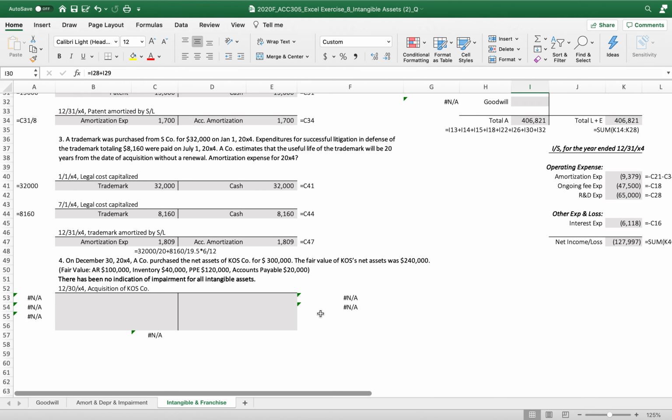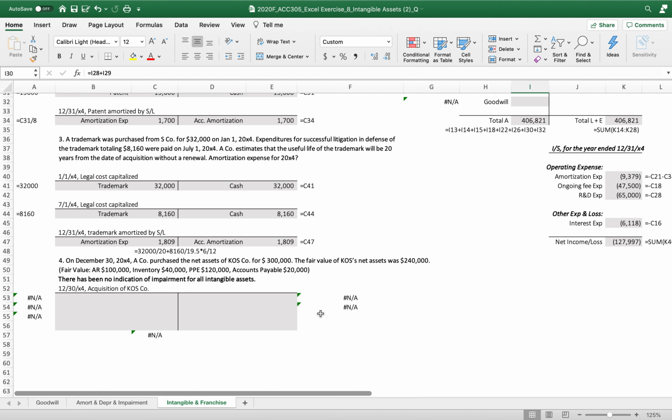Finally, on December 30, 2004, A Corporation purchased the net asset of Kohl's company for $300,000. That is the consideration, the actual payment. The fair value of Kohl's net asset is $240,000. That is easy because you can calculate.